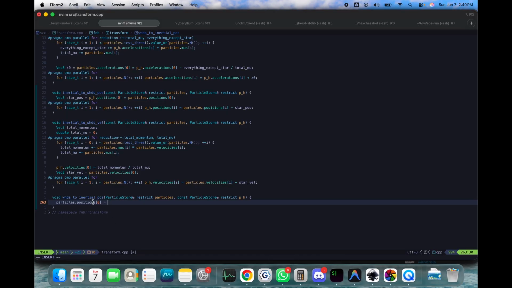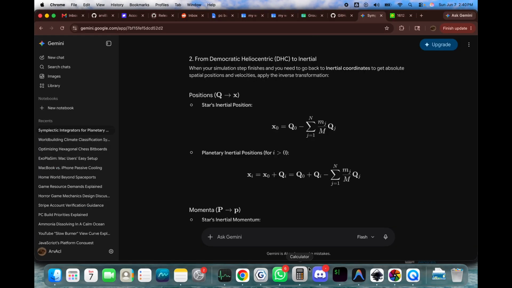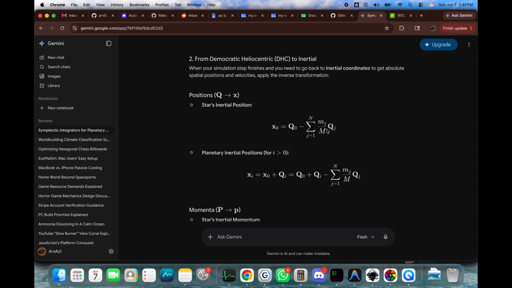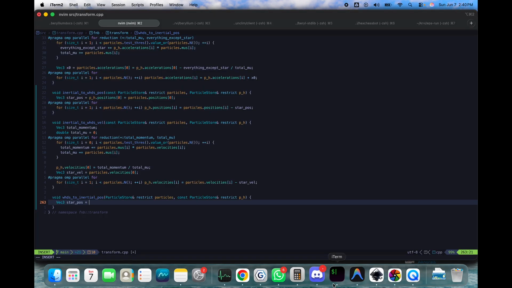I guess it's best to store this in a variable and then assign it to particle store later. Vector star pause equals x q0 minus this. Let's call it star pause correction instead.